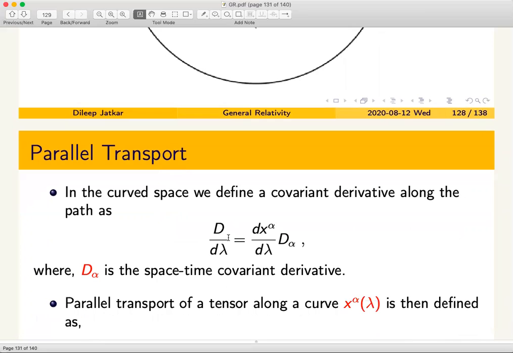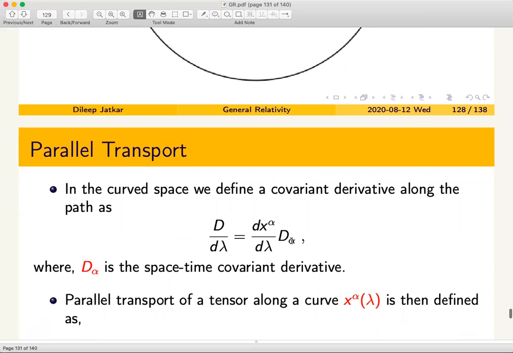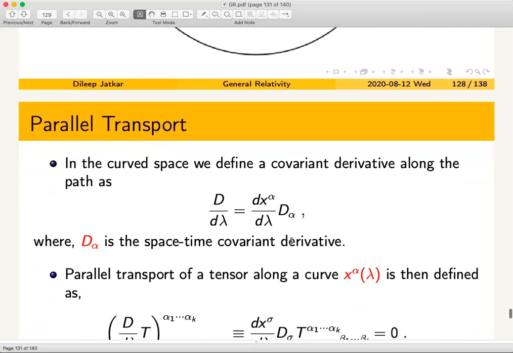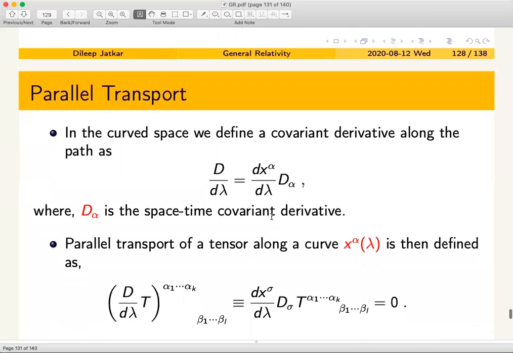If you use this notion, then the expression is covariant, and therefore we can make a statement in any choice of frame, and it should be true in all other frames which are related to that frame by coordinate transformation. So now we define the parallel transport of a tensor along a curve parameterized by lambda as the covariant derivative of that tensor being equal to 0.